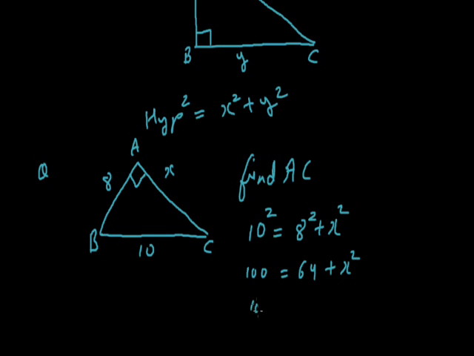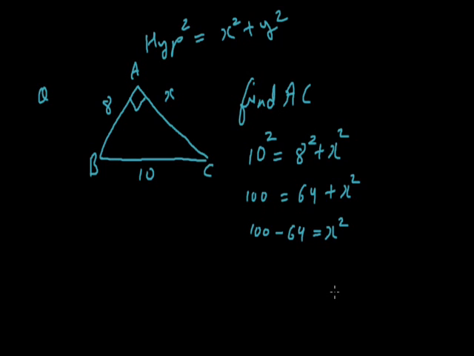Now 64 is shifted to the left hand side and becomes negative, equal to x square. Now 100 minus 64 we get 36. 36 is equal to x square. Therefore x is equal to the square root of 36, which is 6. So the length of AC, which is x, is equal to 6.